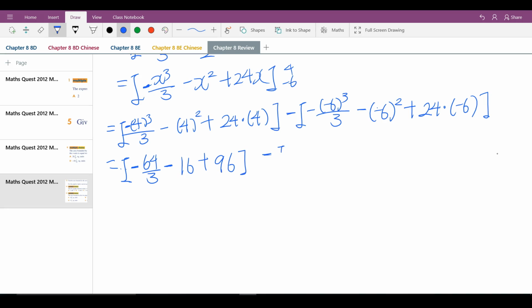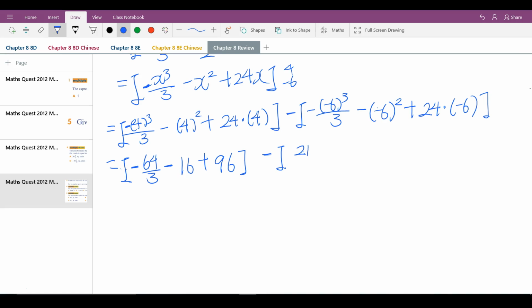Minus, now, 6 cubed is 216. But negative 6 cubed is negative 216, and so the negative becomes positive.